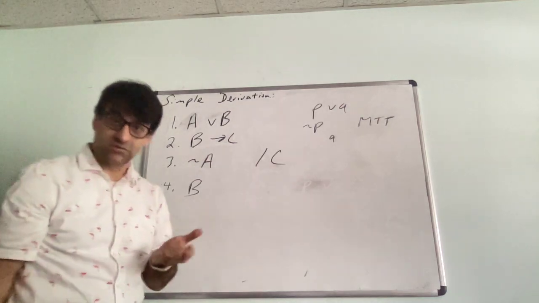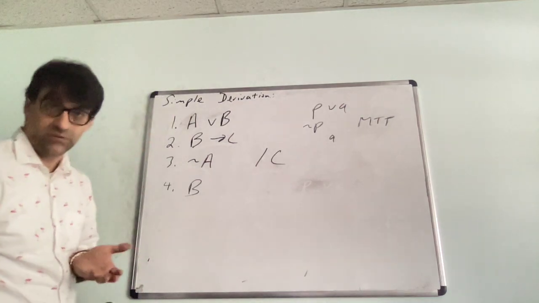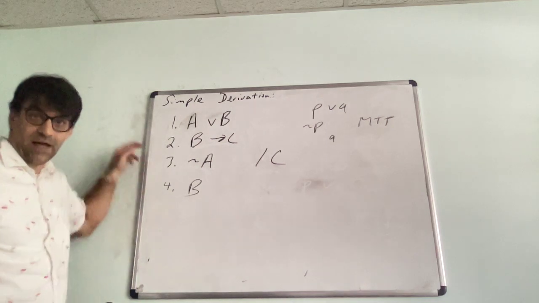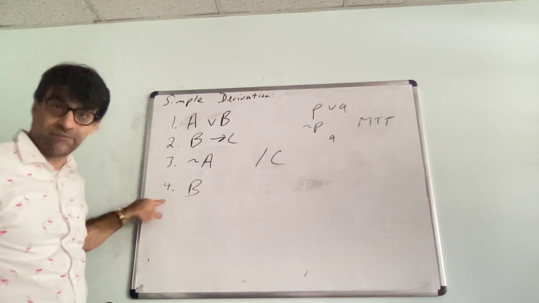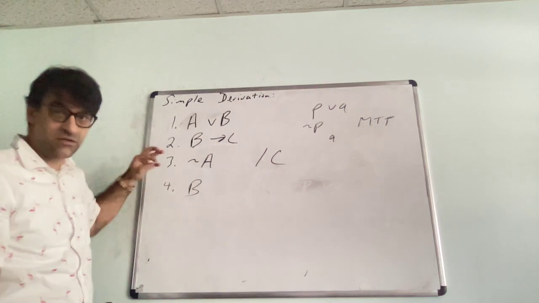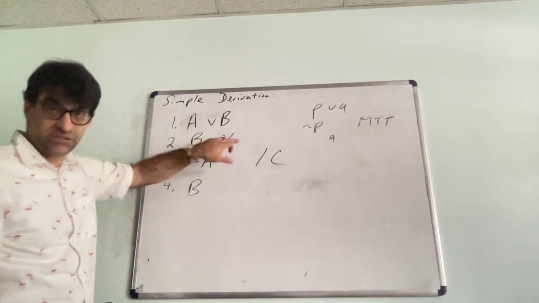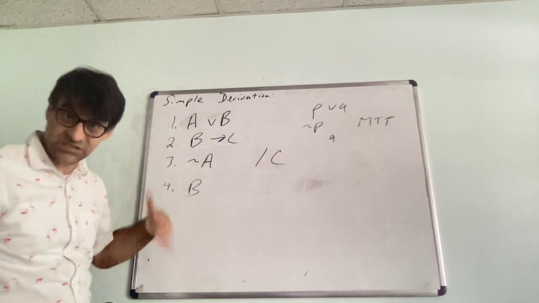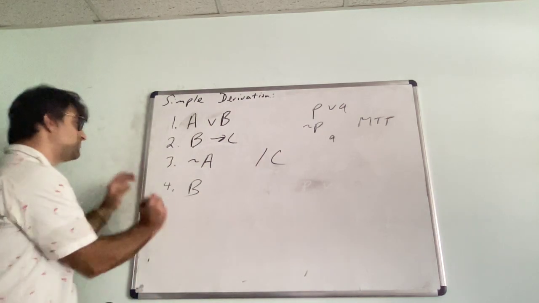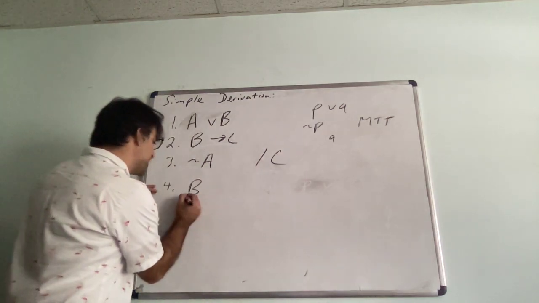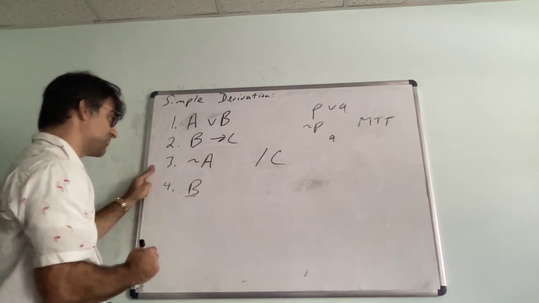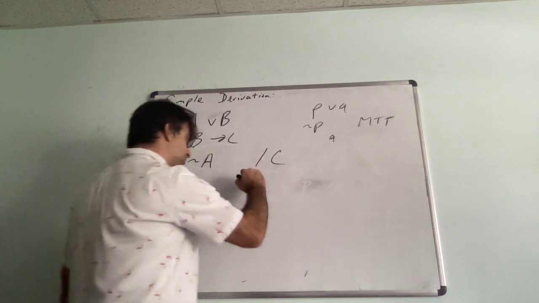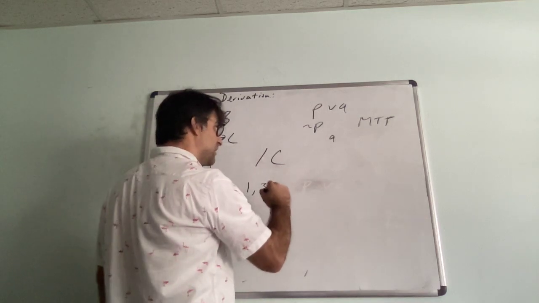Notice this has to do with our chapter 1 stuff too. How do I get B? I'm assuming these premises to be true. If all these premises are true, what else is true? First of all, B. I can't use my rules to directly deduce C yet, so this is a multi-step thing. But B is a valid inference that is logically implied by these premises, in particular by premise 1 and 3.